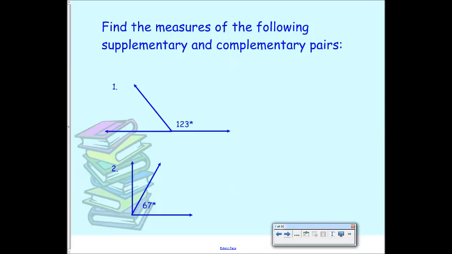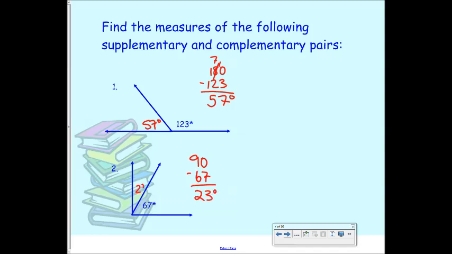So here I'm going to do 180 minus 123, which is 57. And then down here I would do 90 minus 67, which is 23. So for all supplementary angles, you're going to subtract from 180, and for all complementary angles, you would subtract from 90. Good.